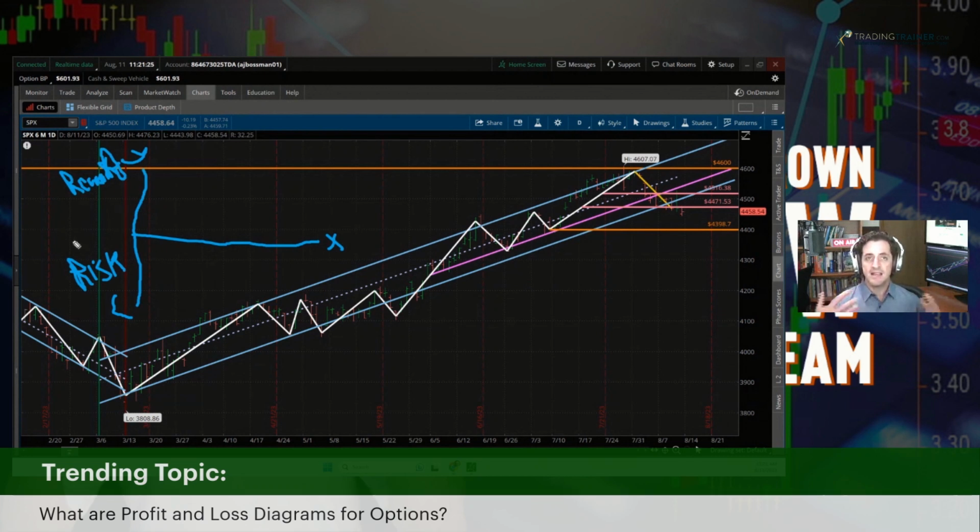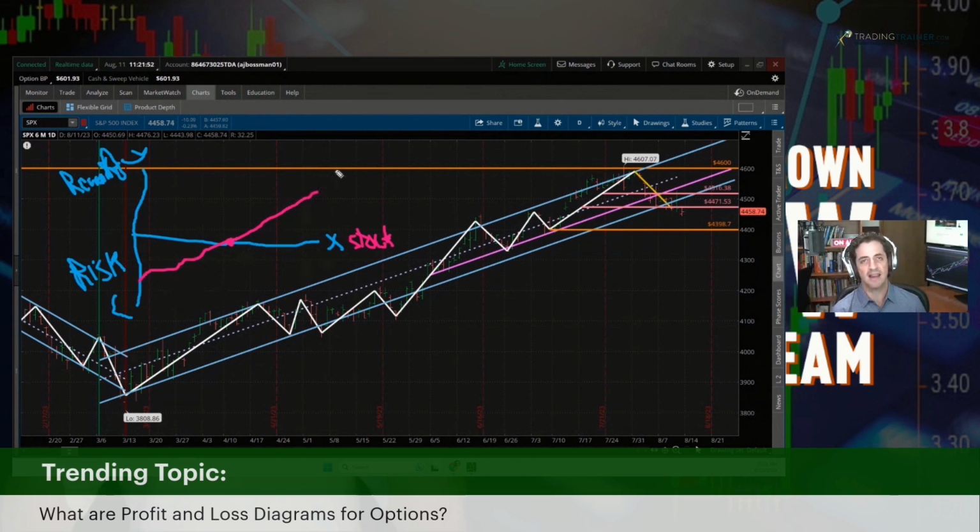If you buy a stock, it's pretty straightforward. Wherever you bought the stock, if this X independent variable is the underlying symbol price, then as the stock price goes up, your profit goes up, and as the stock price goes down, your profit goes down.